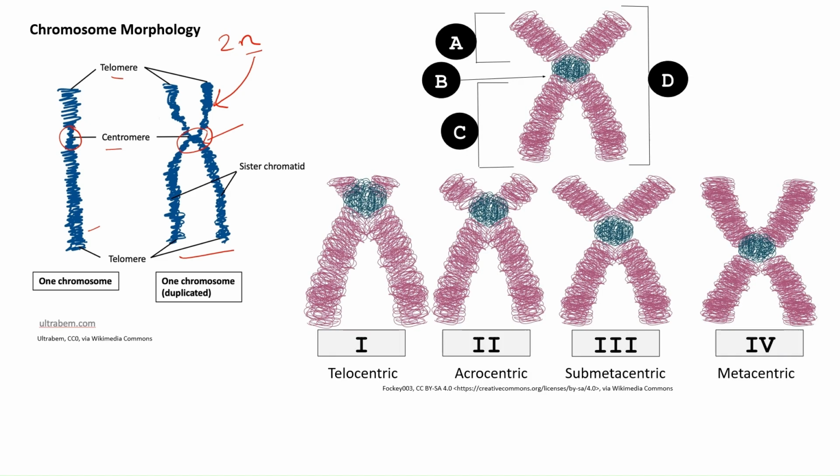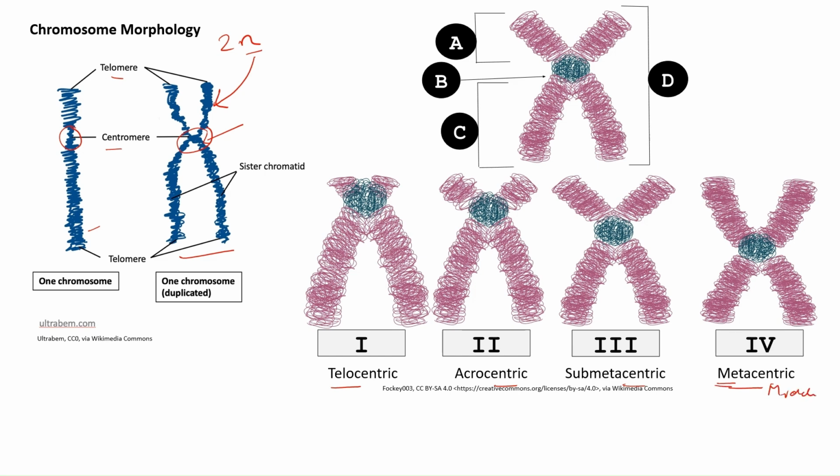This we already learned. So in a chromosome, we have the central part, which is called centromere, and the ends are known as telomeres. Now, on the basis of the position of the centromere, we can classify the chromosomes as telocentric, acrocentric, submetacentric, and metacentric. As the name suggests, M for meta, M for middle.